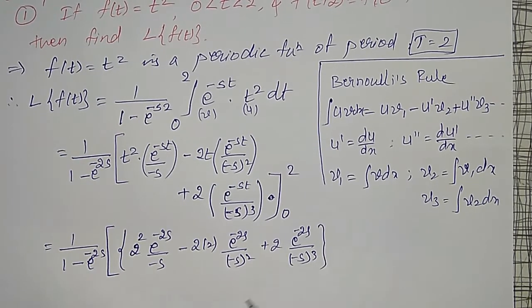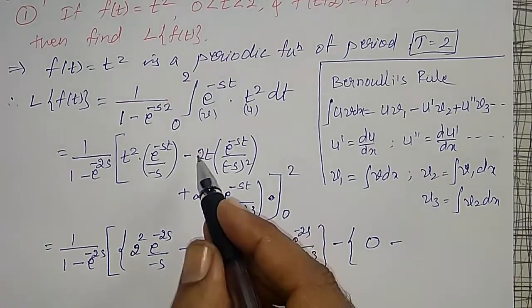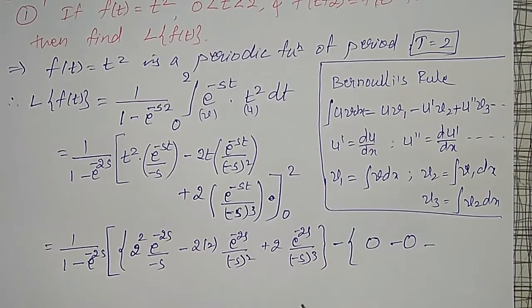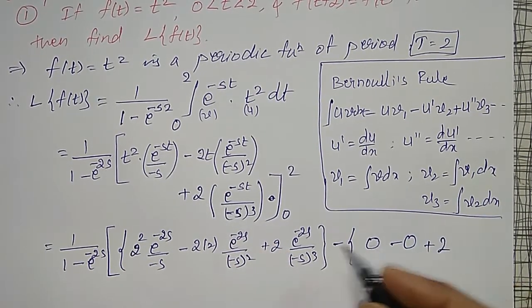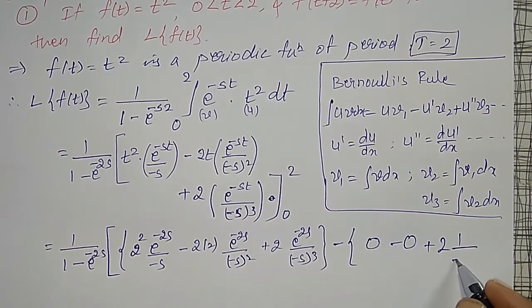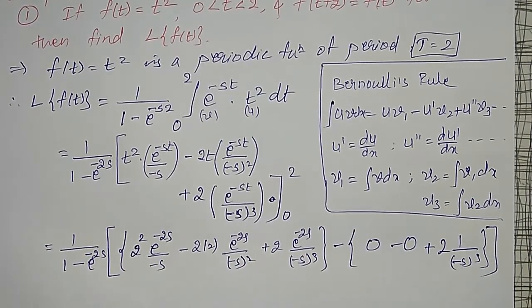Okay, this is for the upper limit, minus for the lower limit t equal to 0. For t equal to 0, the first term will become 0, 0 into anything is 0, minus the second term at t equal to 0 is 0. Next, in this function, plus 2 into e raised to 0, which is 1, divided by minus s cube. This is my lower limit.